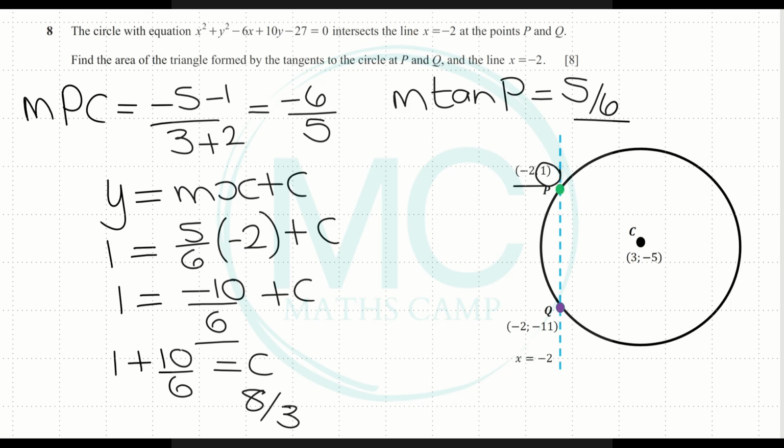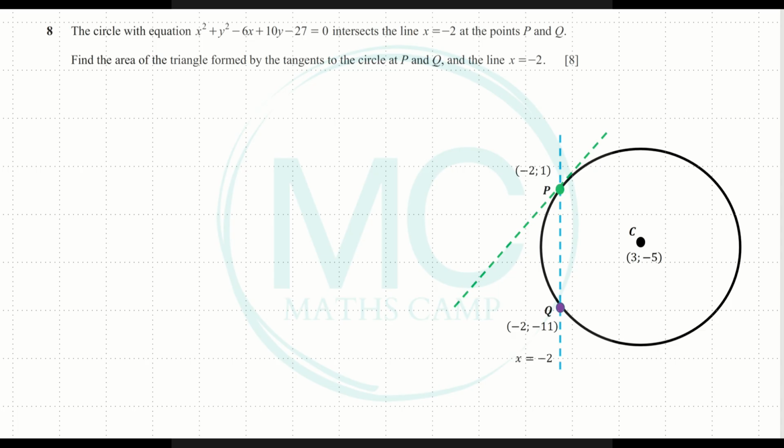Now let's make some space, and I can draw in tangent P over here. Now I need the tangent at Q. So I'm going to find the gradient of the radius QC. So I can say MQC. Let's say that Q is my first point and C is my second.